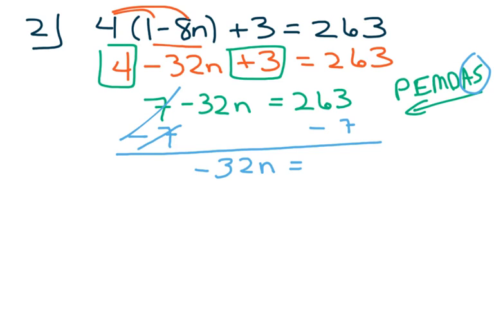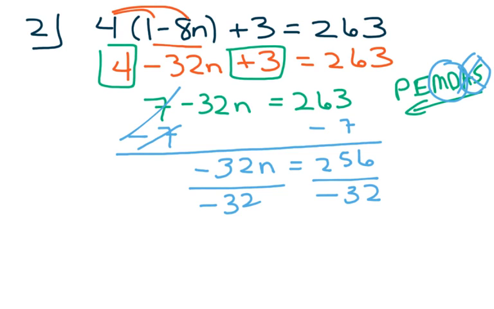So this is going to give us 256. And divide both sides by negative 32. You can use a calculator, and the answer is going to be negative 8. So our solution set is negative 8.